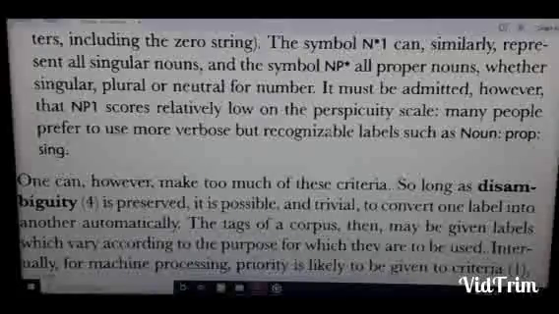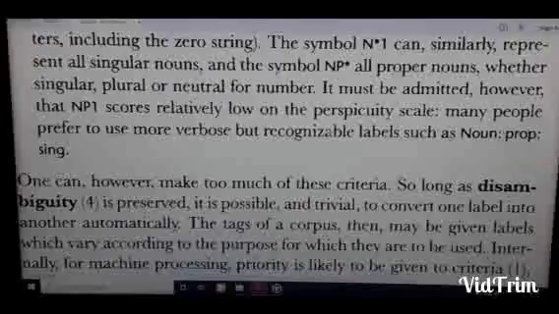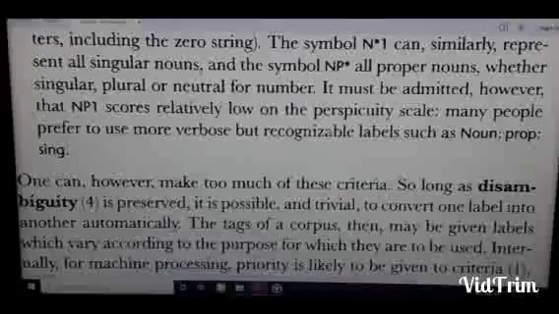Many people prefer to use more verbose but recognizable labels such as noun, prop, sing. One can, however, make too much of these criteria so long as disambiguity is preserved. It is possible and trivial to convert one label into another automatically.